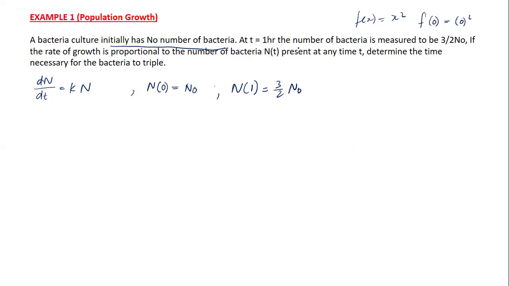So these are the two conditions that are provided for this differential equation. How did we get this differential equation? Population growth. How did we get these conditions? We were told initially, at 0 hours, we had N naught bacteria, and then at 1 hour, the number of bacteria was measured to be 3 over 2 of the initial number.